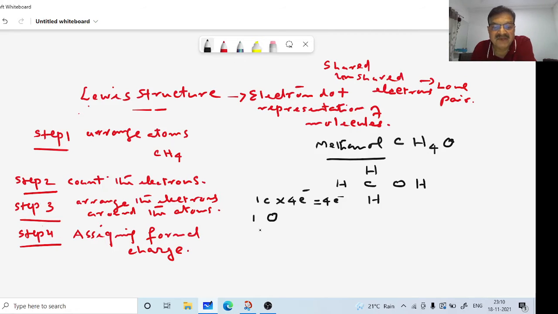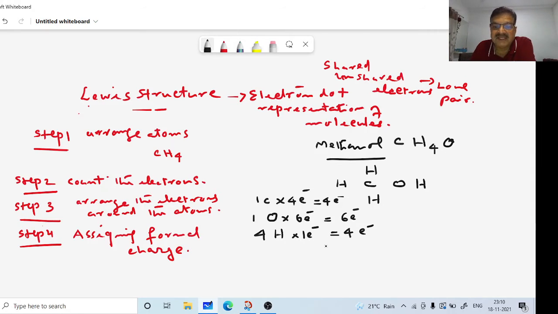Each oxygen has 6 valence electrons, so 1 into 6 is 6 electrons. Then we have 4 hydrogens, each with 1 valence electron, so it will be 4 electrons.